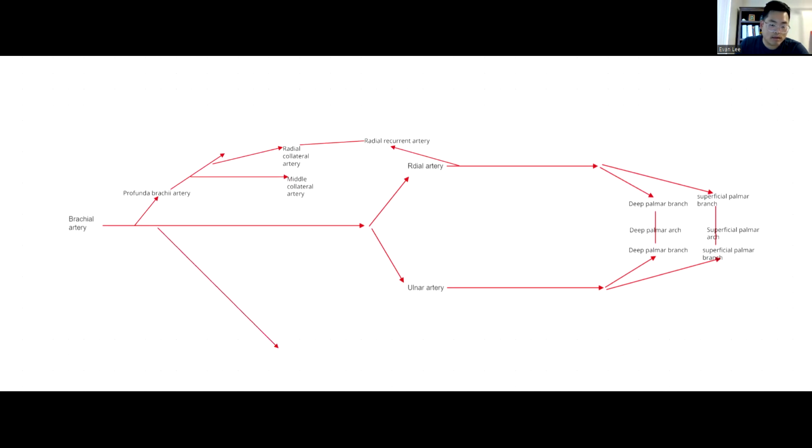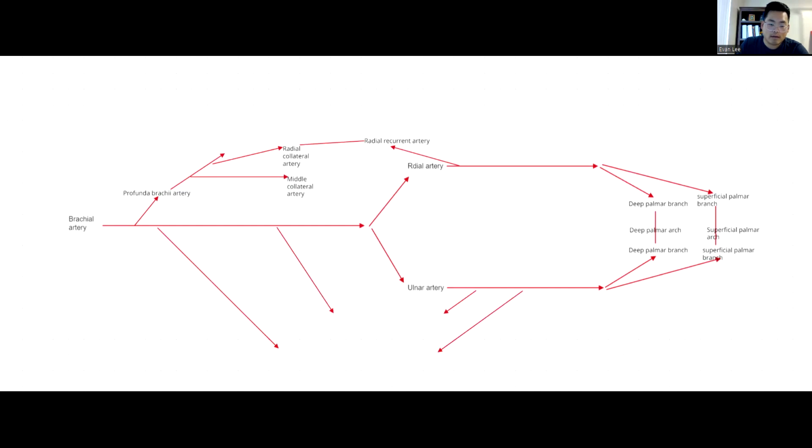So let's just go there, go here, and also there'll be a couple coming off of the ulnar artery as well, which will be connecting to them. So once again, you have collateral and then recurrent arteries.